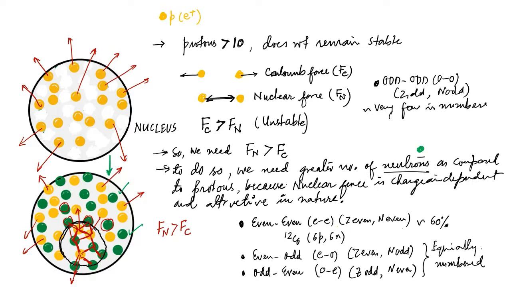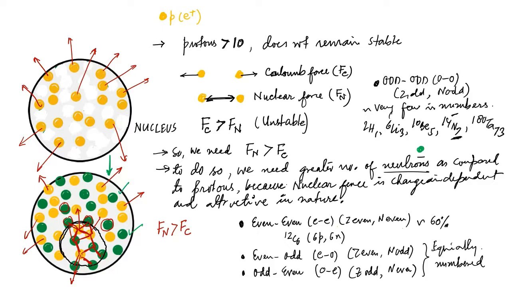Around 7 to 8 stable odd-odd nuclei exist in nature, like deuterium, lithium-6, beryllium-10, nitrogen-14, and tantalum-180. Nitrogen-14 has 7 protons and 7 neutrons. So this is all about the NZ curve and why.